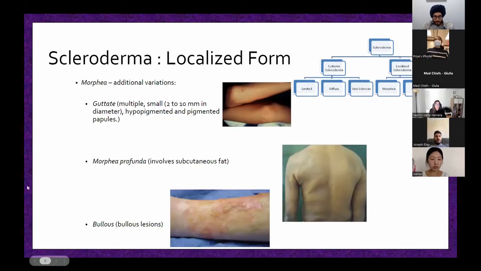So there are other subtypes of morphea. Guttate, which are small papules, morphea profunda, which involves the fat, and bullous lesions as well. So there are many variants and subtypes of skin findings, which is where our dermatology colleagues can be of great help, especially with getting biopsies to help differentiate because of the way this can look similar to other conditions.